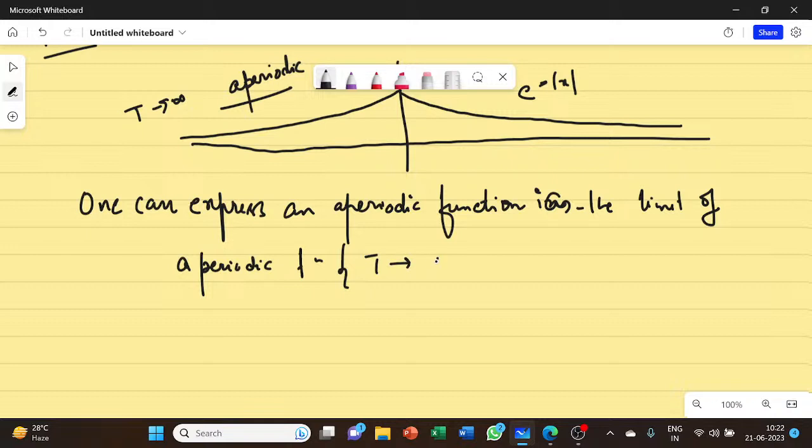That is, as the period tends to infinity. Is that fine? And we want to find an expansion, that is a Fourier expansion for such aperiodic functions. Is that clear? Or is that completely not clear?